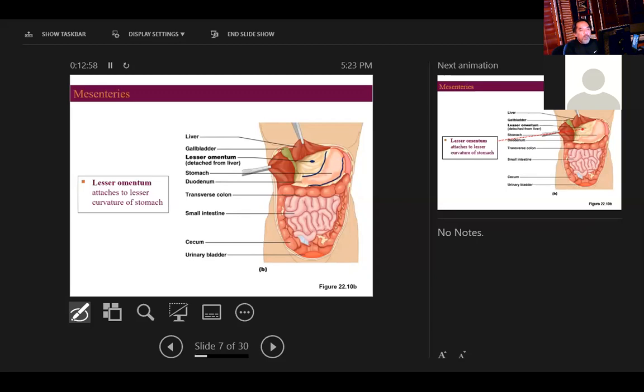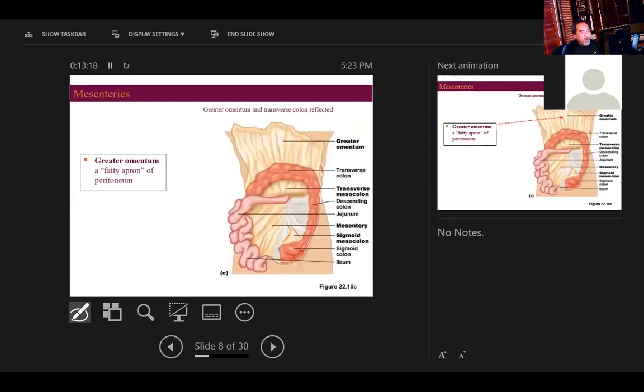So the lesser curvature of the stomach connected to the liver, we're going to call that the lesser omentum, and that's a mesentery. Then we look at another kind of omentum, which comes out from the greater curvature of the stomach. The greater omentum is the structure in which the stomach connects from the greater curvature and goes to the transverse colon. It looks like an apron, called the greater omentum.